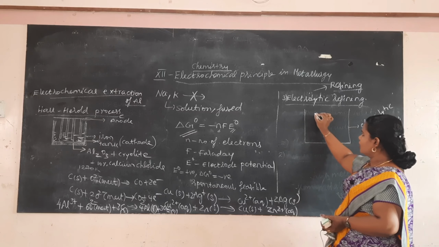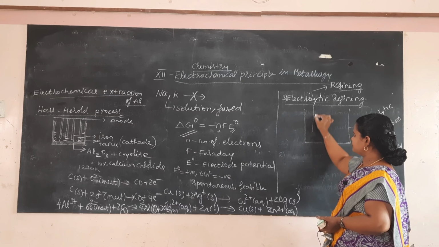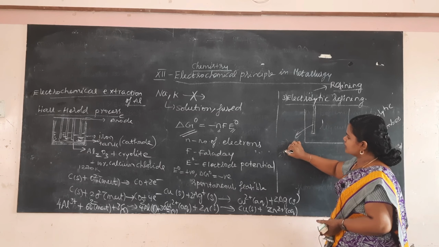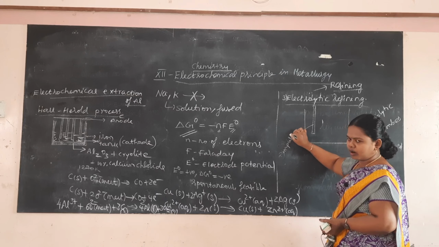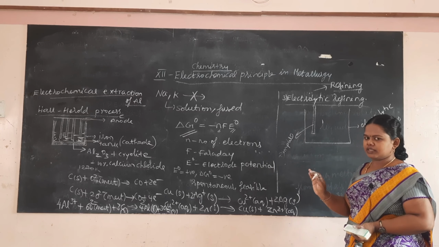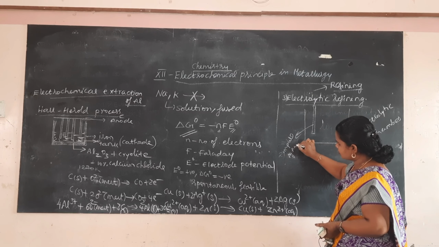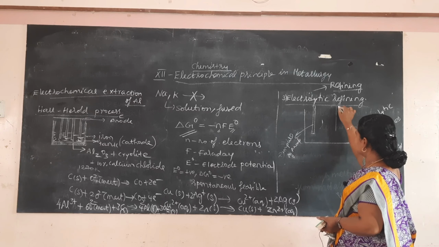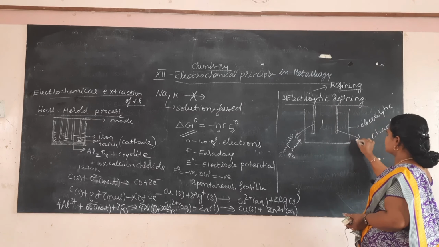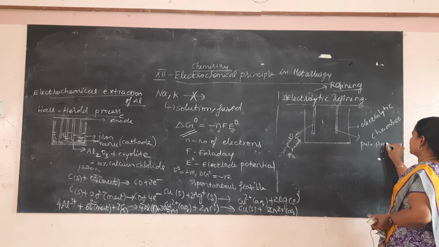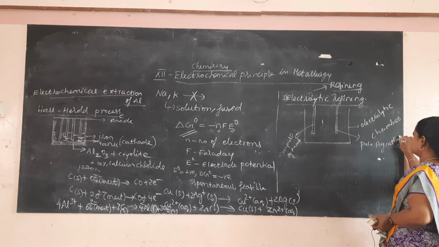In that, impure silver is taken as the anode. All the time you have to take the impure metal as the anode. Impure silver is taken as the anode, and pure silver is taken as the cathode.